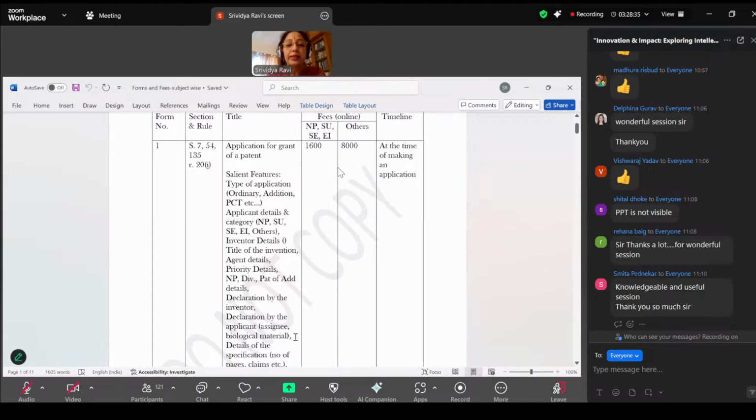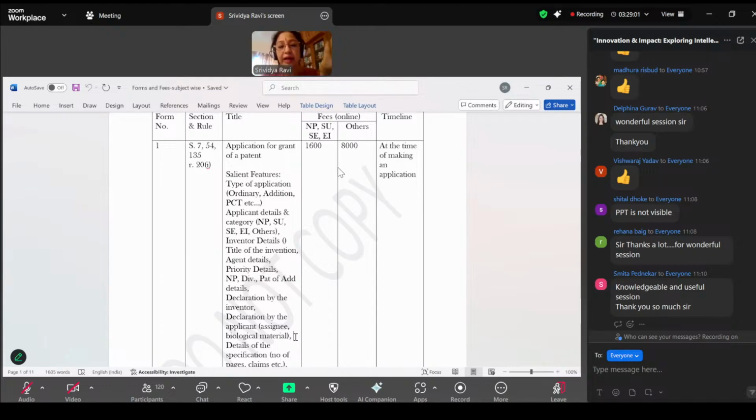There is also a declaration by the applicant or the assignee of the patent, that means the person who is holding the rights, with regard to biological material. Typically, inventions in the field of pharmaceuticals, in the field of microbiology, even botany for that matter, use some biological materials.